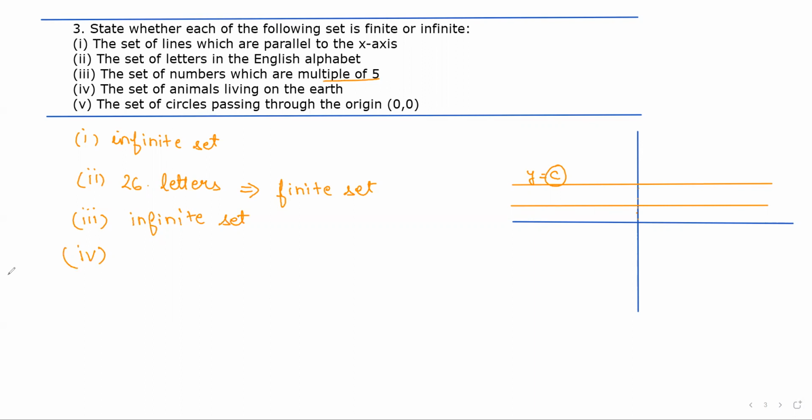You can say that this is one animal and this is a second animal and this is a third animal. There isn't a 1.5 animal or 2.5 animal. So it is a natural number, the result that you're going to get, and it will be a very big number, but it is countable in nature. There are not infinite numbers of animals living on Earth. There are only a finite number of animals living on Earth. So it is a finite set.